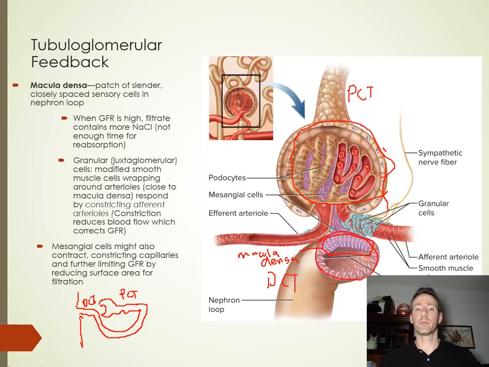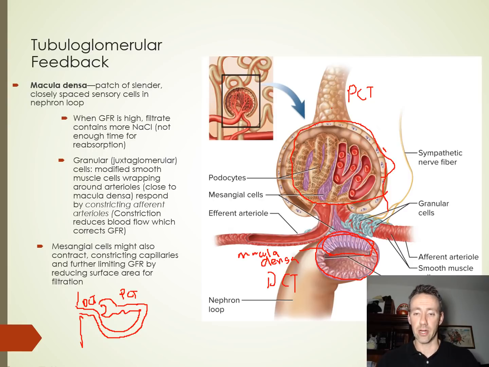Less time for reabsorption means more solutes are going to reach further along the tubules. The macula densa cells are monitoring sodium chloride levels. So if the GFR goes up, there's less reabsorption of sodium chloride, meaning more sodium chloride reaches the macula densa. The macula densa senses this increase in sodium chloride levels.